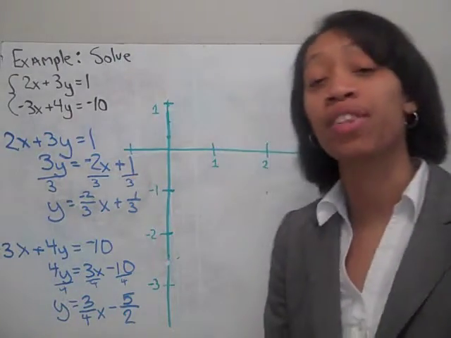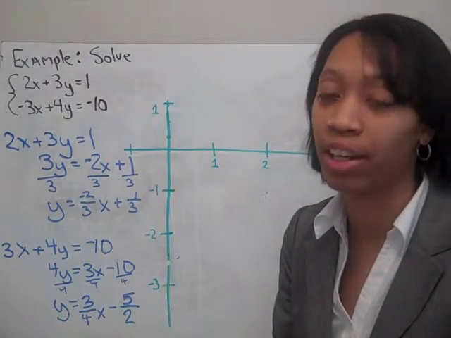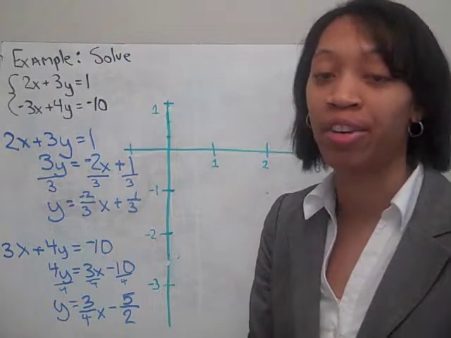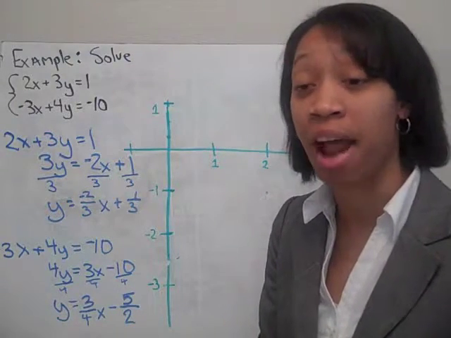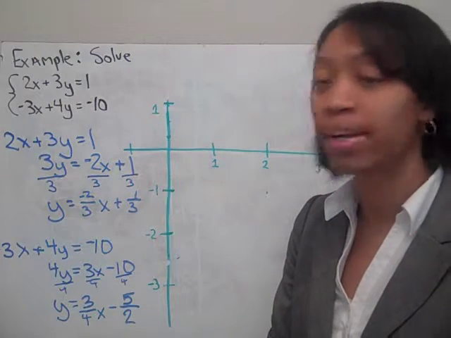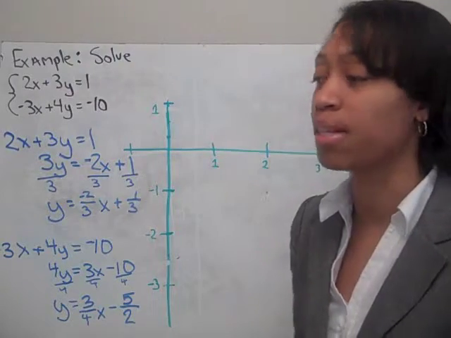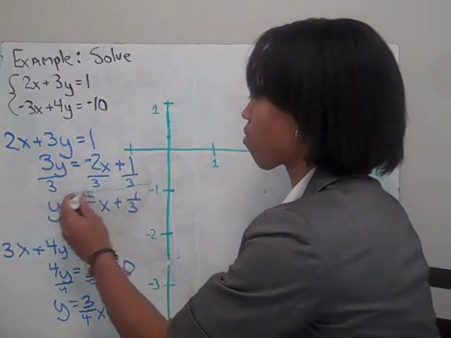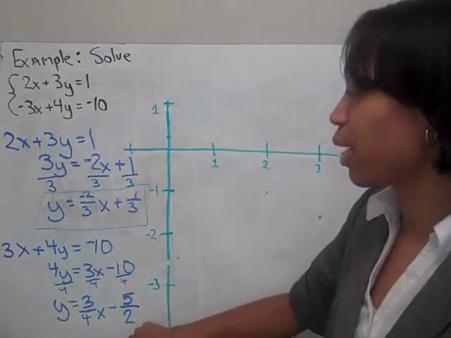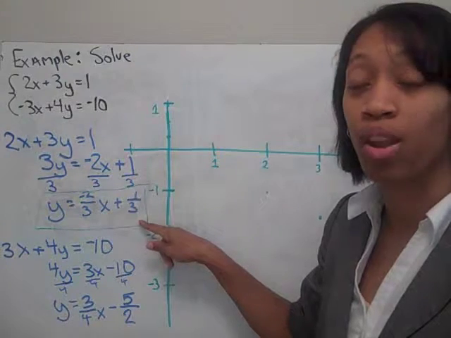Now that we've solved, you can either graph it by hand or you can put them in your calculator. I know most of you would probably prefer calculator, and that's what we're going to focus on in class, learning how to do that on our TI Inspires. But right now I'm going to graph it by hand using good old y equals mx plus b. When I look at this first equation, it looks like my y-intercept, the b part, is 1/3.